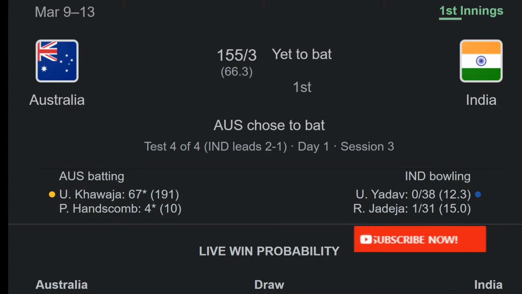155 for the loss of 3 wickets. Here comes Australia in their first innings. Khaja not out 67 and Handscomb not out 4. Umesh Yadav is the bowler, 12.3 overs, 38 runs, no wicket.